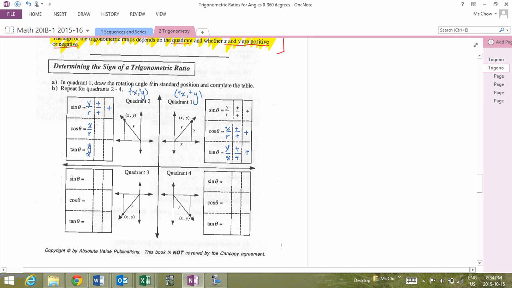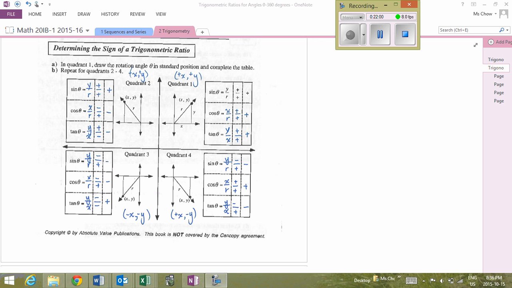Cosine theta, well, x is now negative, and r is going to be positive, so then we're looking at negative. Tangent of theta, we've got positive y over negative x, so again the tangent ratio is going to be negative. So again, let's hit pause, and would you please complete these for quadrants 3 and 4.